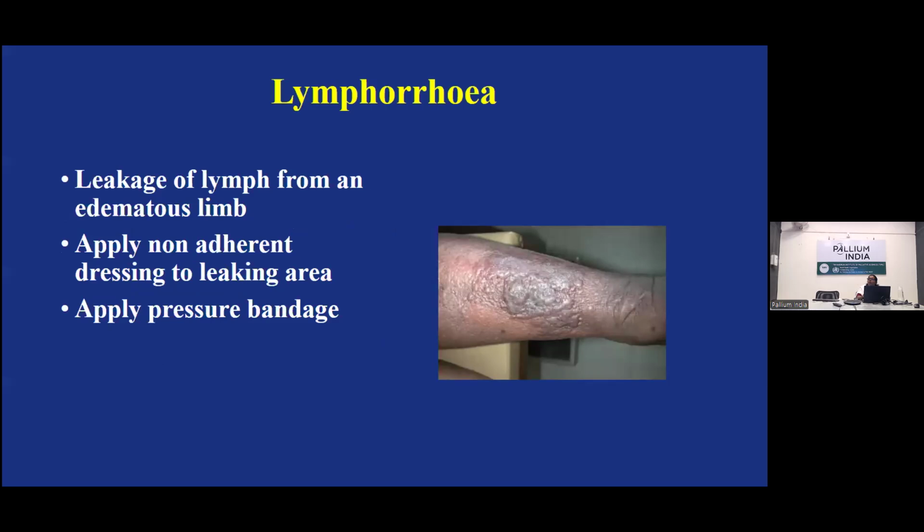The second complication is lymphorrhea. Lymphorrhea means leakage of the lymphatic fluid from the lymphedema site. For that, you can apply a non-adherent dressing pad to that area, and then you can apply crepe bandages.